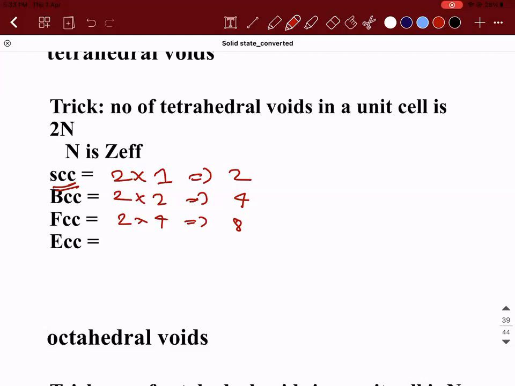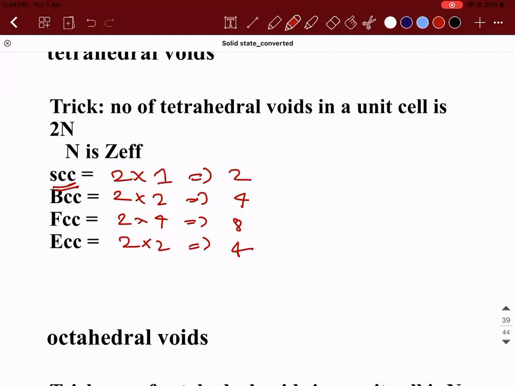For end-centered cubic, ZF is 2, so 2 into 2, 4. Guys, you have to be fast, because afterwards you have to know the ZF for all these unit cells. Clear? But you want to know how these voids are present in the unit cell.